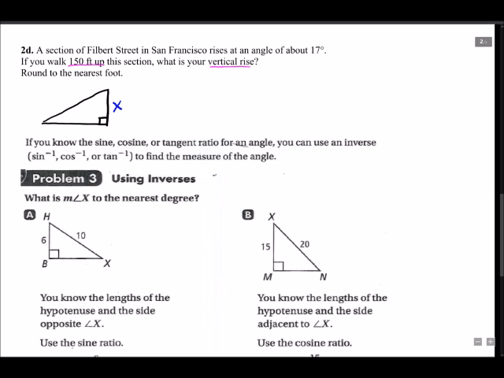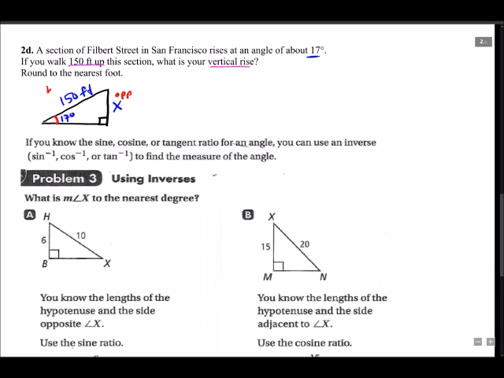And we walk 150 feet up the street, right? This is just a hill. We're walking up a hill. And we know that the angle is 17 degrees. So we can make a right triangle out of this. Means we can use trig.